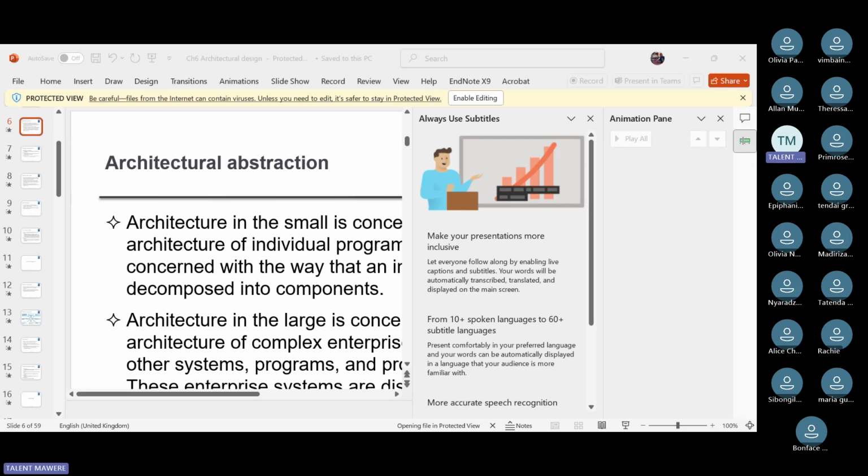So this is the simple block diagram that I'm talking about. It's called the box and line diagrams. It's very abstract. They don't show the nature of components and relationship, nor the externally visible properties of the subsystem. But they are useful for communicating with stakeholders and for project planning.